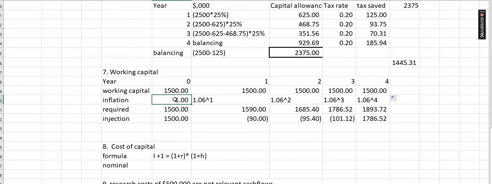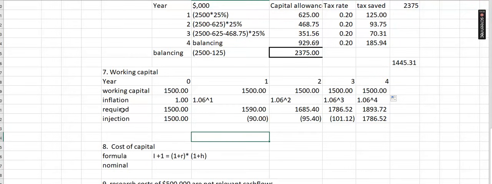Inflation 6%. So in the first year, it will be 1.06 to the power 0, which is always 1 in year 0. Because 1.06 to the power 0 will always be 1. So I just put a 1. 1.06 to the power 1, 1.06 to the power 2, 1.06 to the power 3, 1.06 to the power 4.